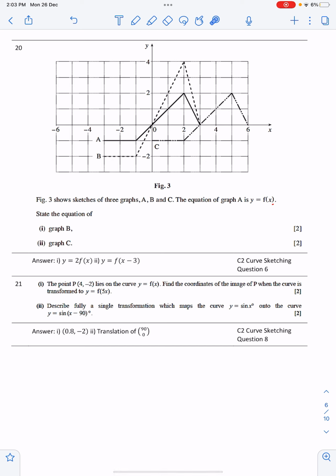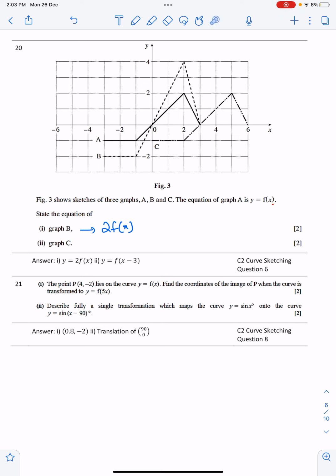Let's check this side also. The distance from the y axis, whatever it was, like 2 units, has become 4. That means a vertical stretch by the stretch factor 2. The x axis in this case is the invariant line, so any point which lies on the x axis remains as it is. So you can write that graph B is f of x multiplied by 2.